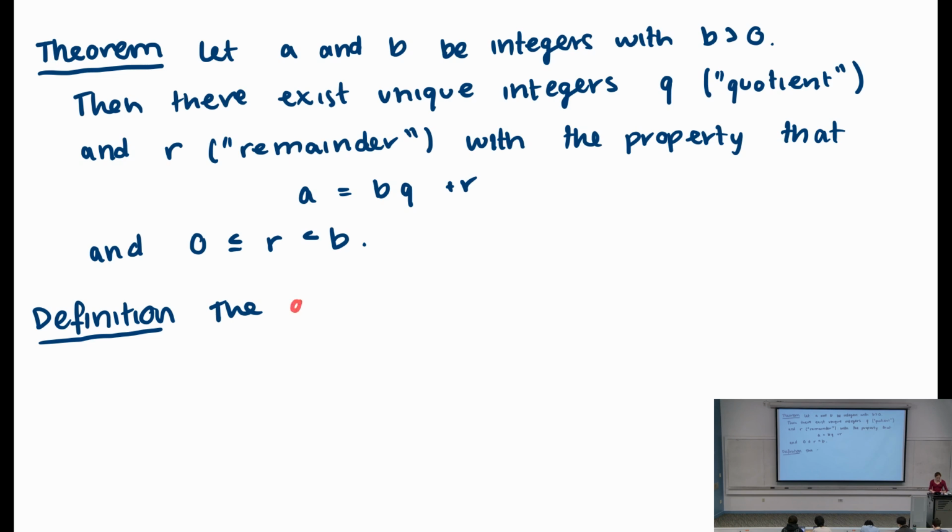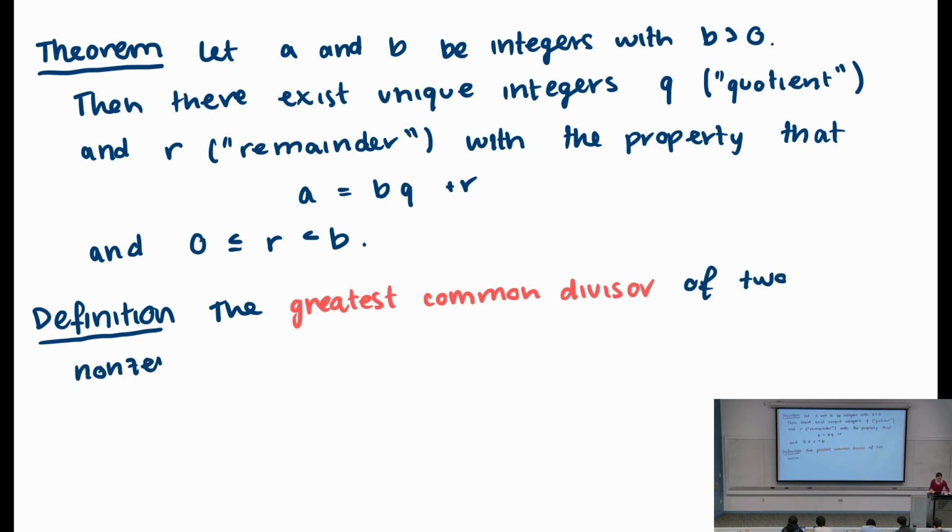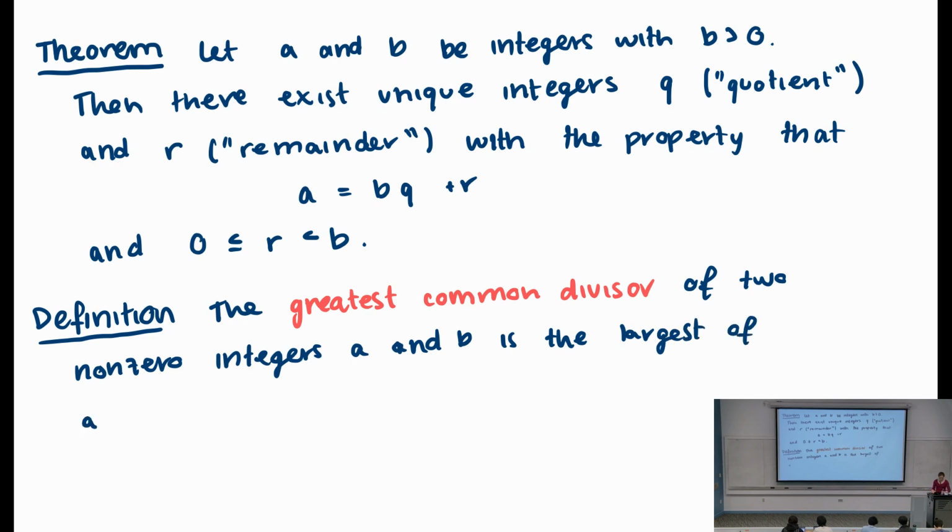So the greatest common divisor of two non-zero integers A and B is the largest of all divisors.